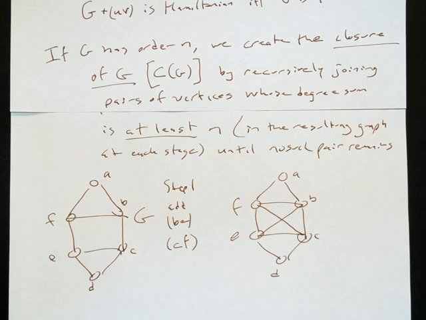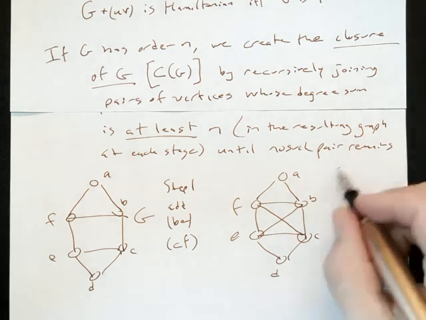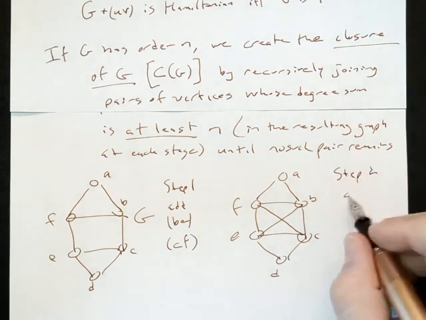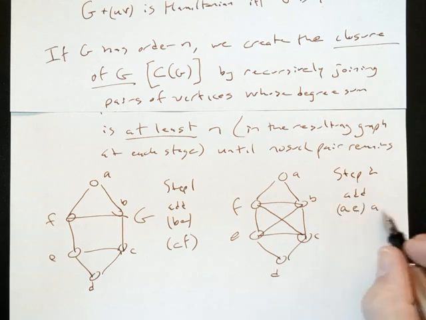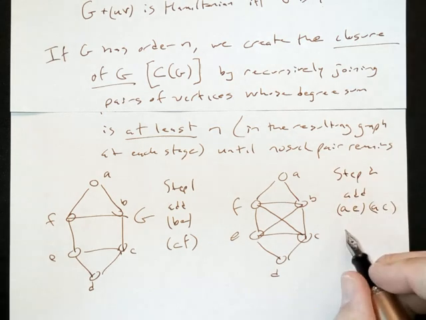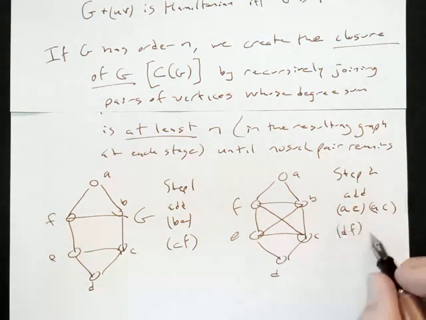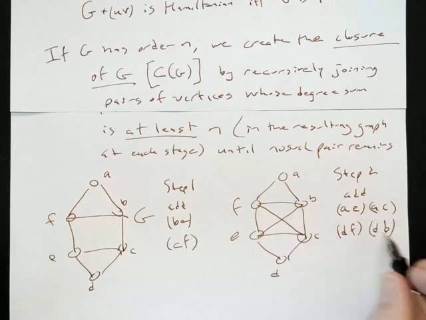Aha. 4 to 2, 4 to 2, 4 to 2, 4 to 2. Perfect. So there are the 4 edges you just named for me, Ben. Great. Resulting graph.